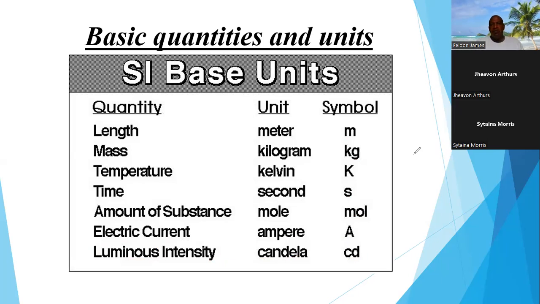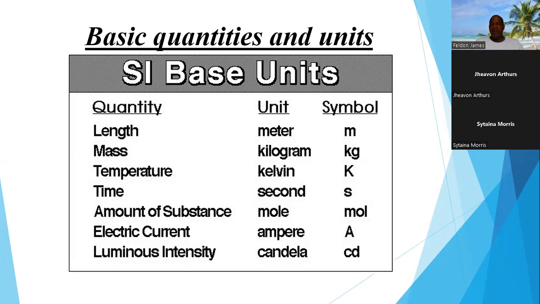Just by hearing the units, the name of the unit actually suggests what quantity you're measuring. So if you hear meter, that tells you that you're measuring length. If you hear kilogram, that should tell you that you're measuring mass. And if you hear Kelvin, that should tell you that you're measuring temperature.